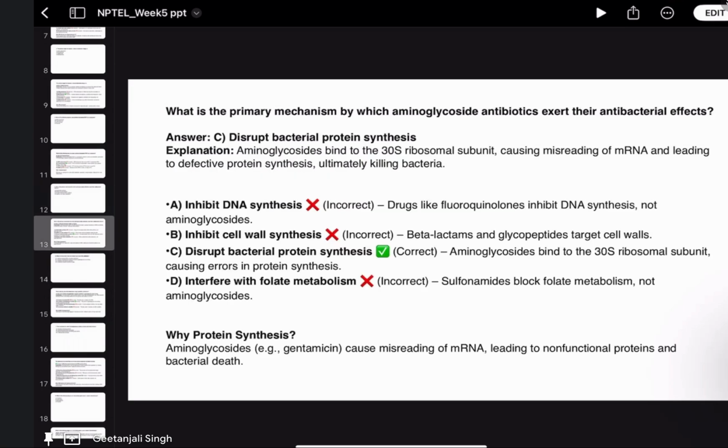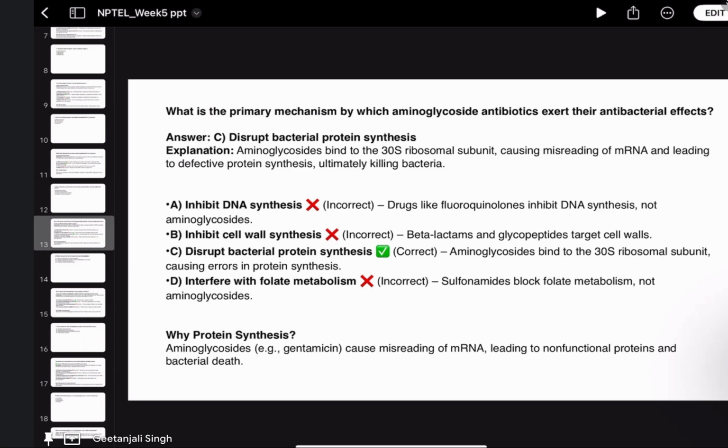The correct answer is C. It disrupts bacterial protein synthesis. Aminoglycosides bind to the 30S ribosomal subunit, causing misreading of mRNA and leading to defective protein synthesis, ultimately killing bacteria.